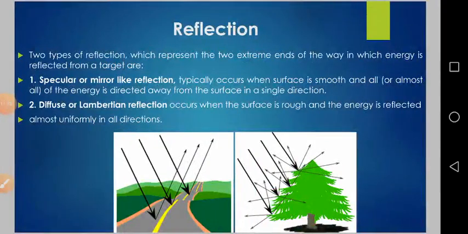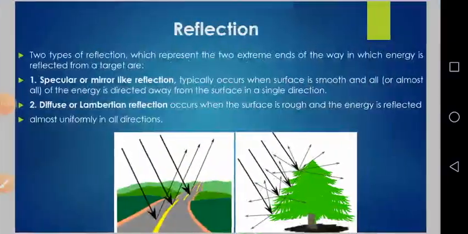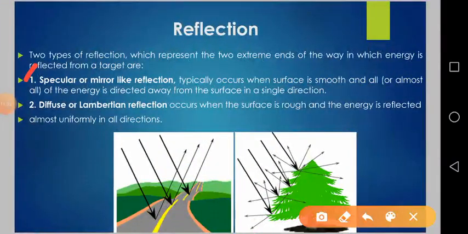Number one, reflection. There are two types of reflection, namely specular or mirror-like reflection, and the second one is the diffuse or Lambertian reflection.